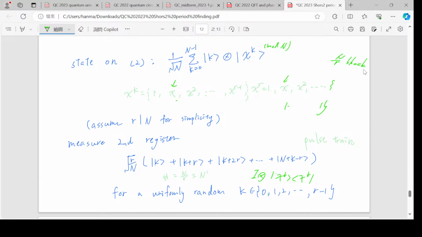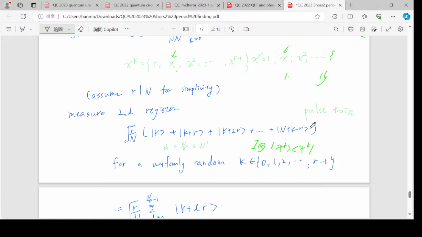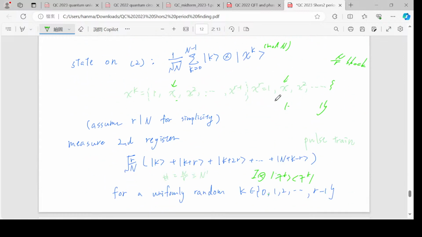There are a total of n divided by r blocks, and the largest number is k plus n minus r. You just do some counting and see there are n over r numbers here.